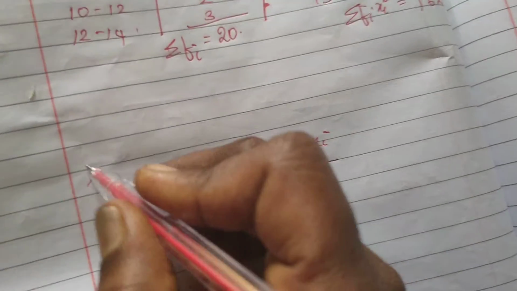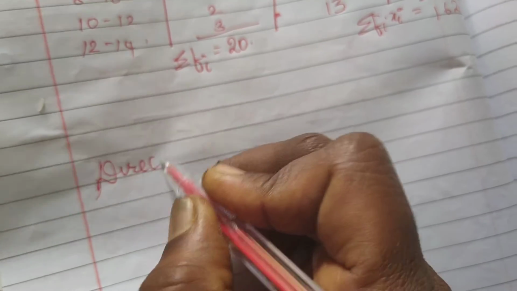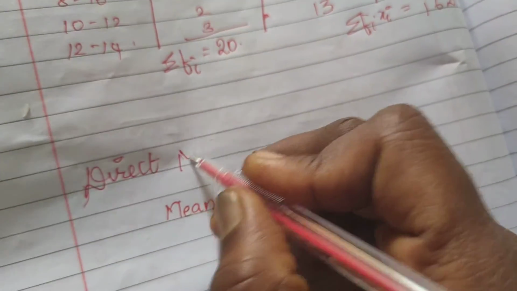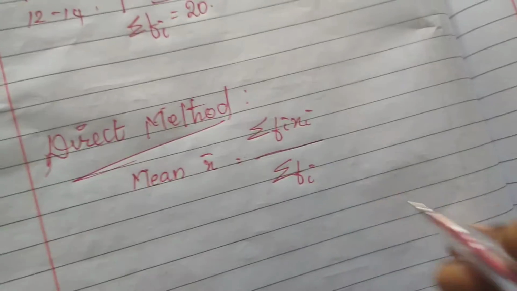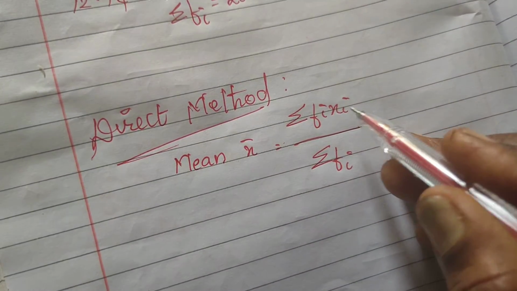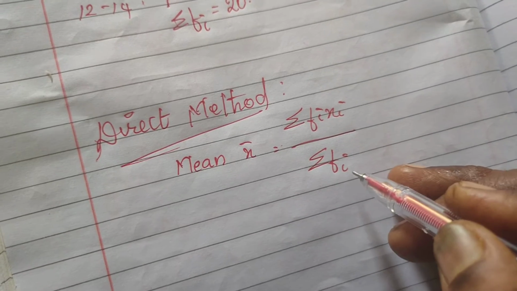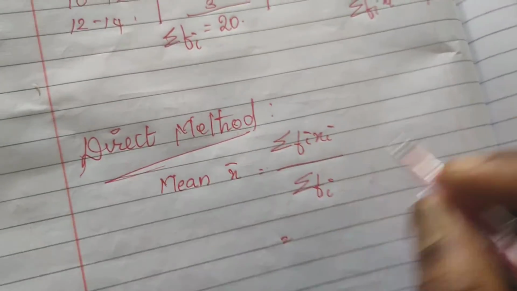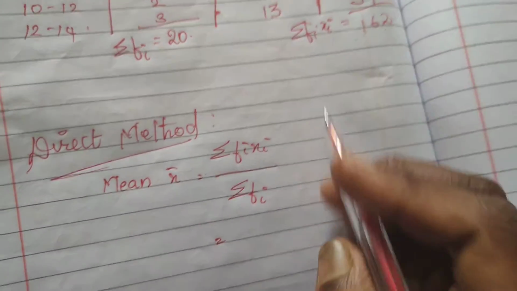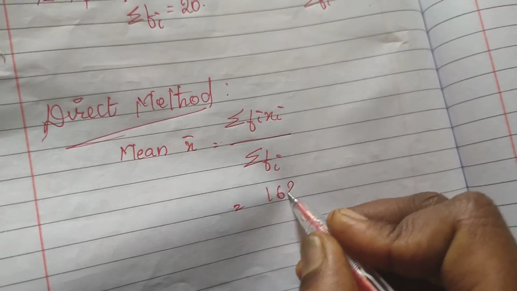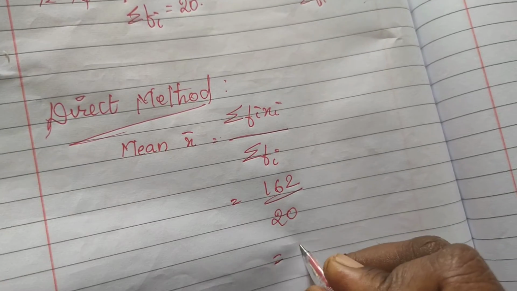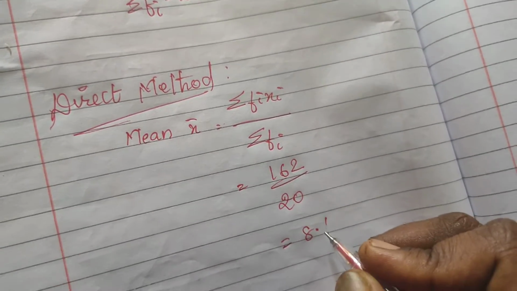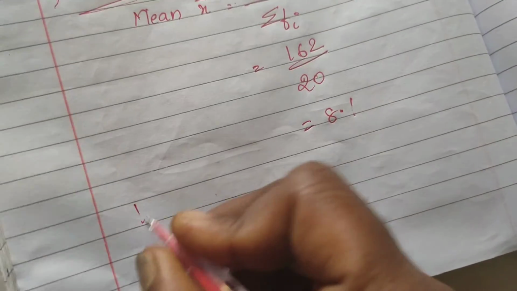Now we use the direct method: sigma fi xi divided by sigma fi, which is 162 divided by 20, equal to 8.1.